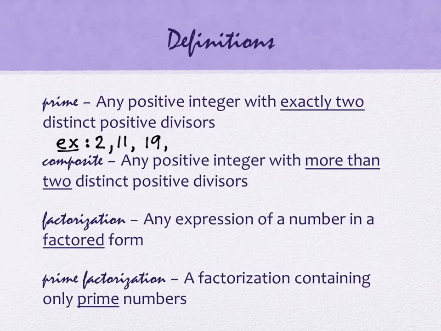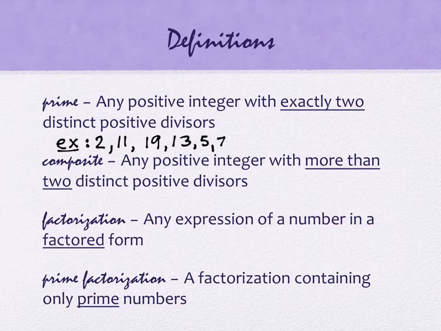Somebody give me another prime number, 13. Yep, 5. One more. 7. Cool. So prime numbers, all of these numbers divide by themselves, and they divide by 1. Okay, so those are the two distinct factors it's talking about.